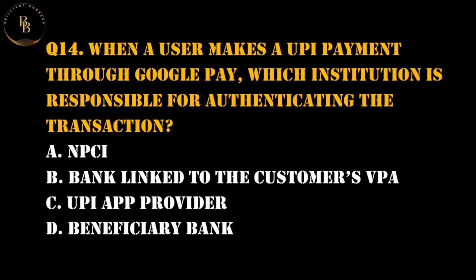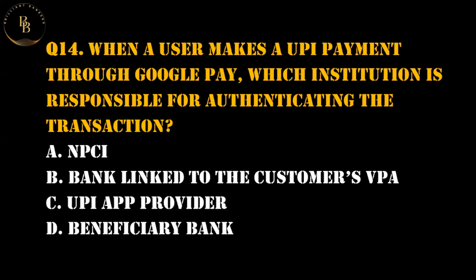Coming to question number 14. When a user makes a UPI payment through Google Pay, which institution is responsible for authenticating the transaction? Is it NPCI, the bank linked to the customer's VPA, the UPI application provider, or the beneficiary? So who authenticates the transaction?